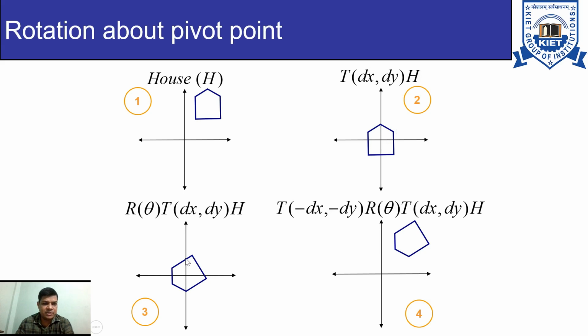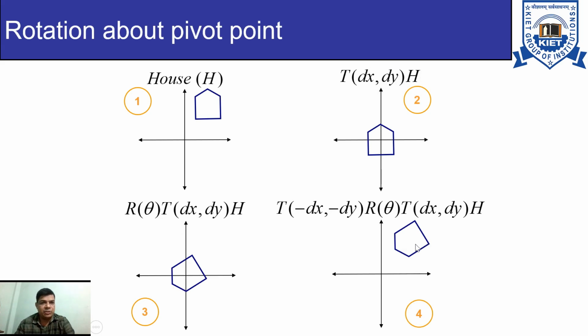As the object comes to the origin, I know the rotation matrix about origin, so I apply the rotation, and after the rotation, I translate this object back to its original position. So in the second step I am performing translation, in the third step rotation, and in the fourth step reverse translation.